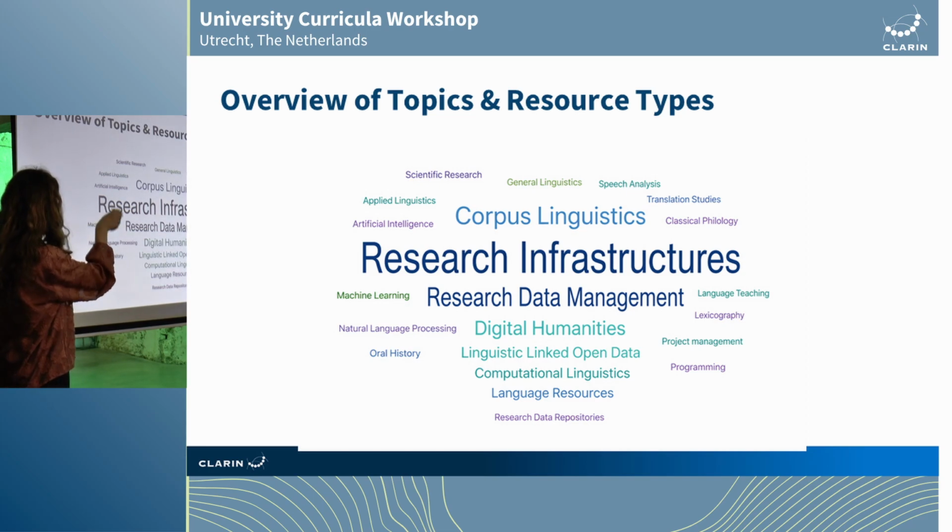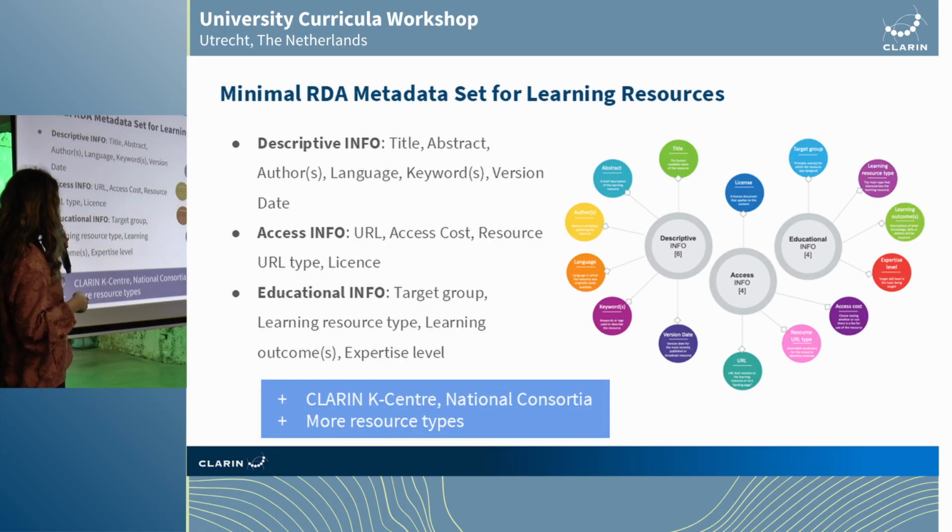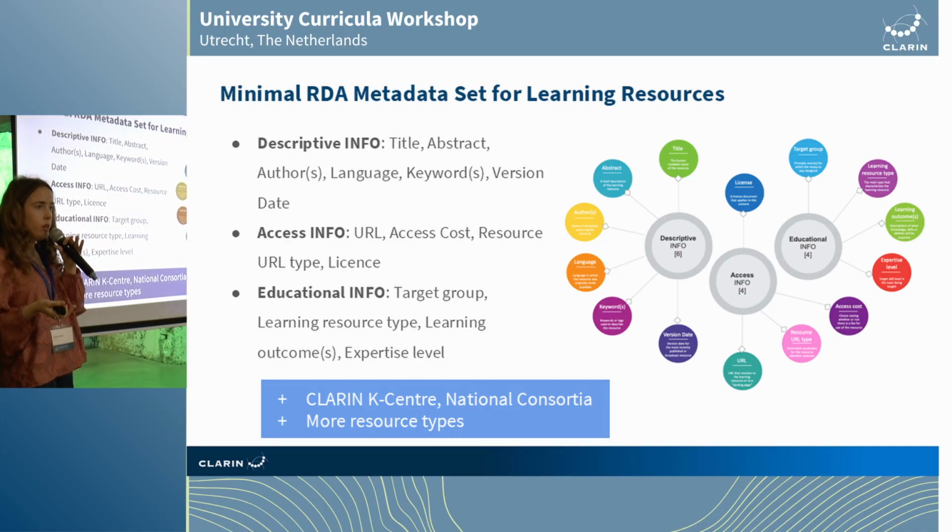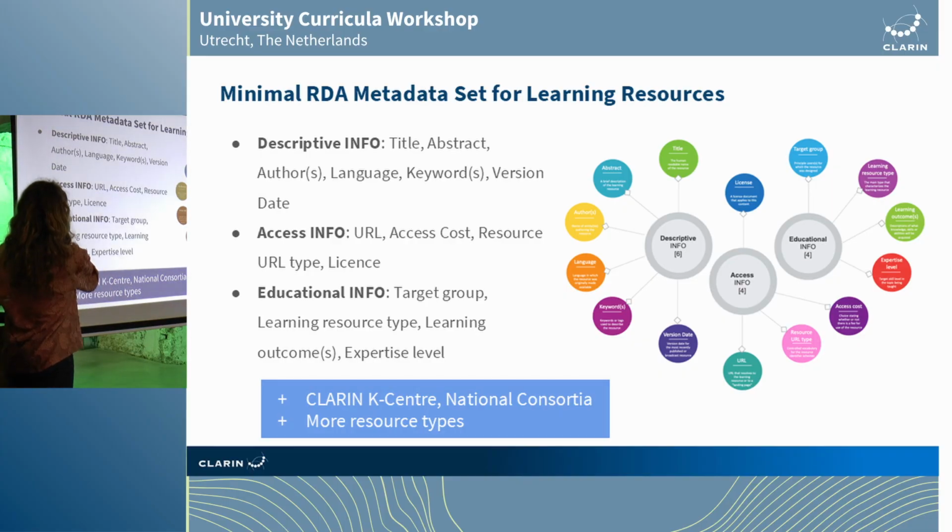This is an overview of the topics that you can find in the catalog. As I said, the catalog is based on the minimal RTA metadata set for learning resources, and we have also slightly enriched it with community-specific metadata, such as the CLARIN centers, the national consortia, and more resource types that were relevant to the courses and materials that we have.